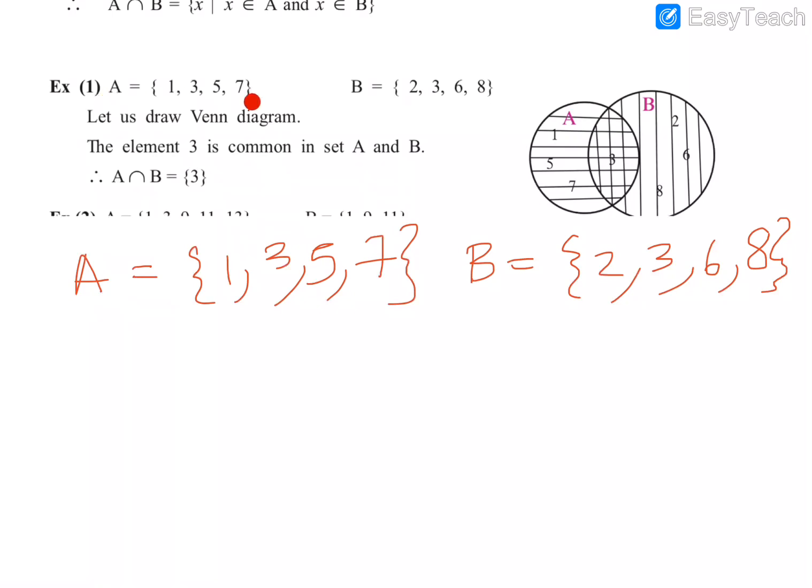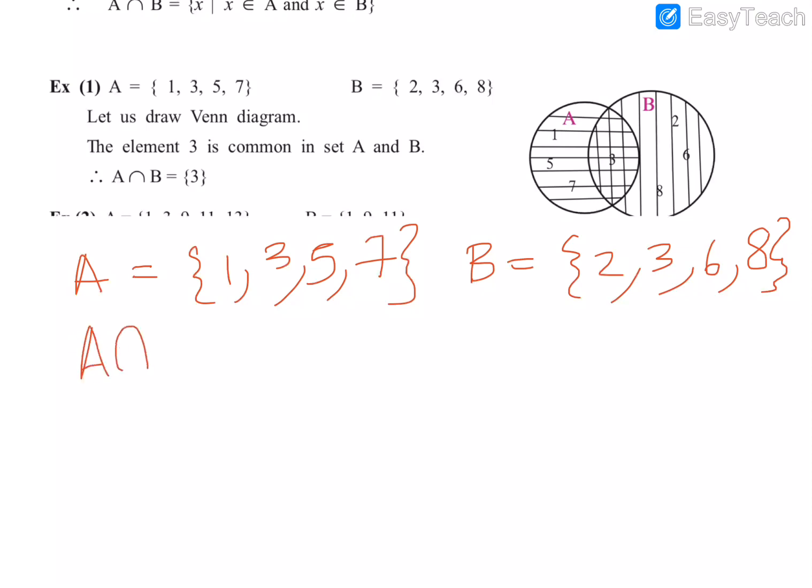So let's see an example of this. 2 sets are given, A and B. I have written it here: A is 1, 3, 5, 7, B is 2, 3, 6, 8. We have to find A intersection B and also draw it in a Venn diagram. So let's find what A intersection B is first.